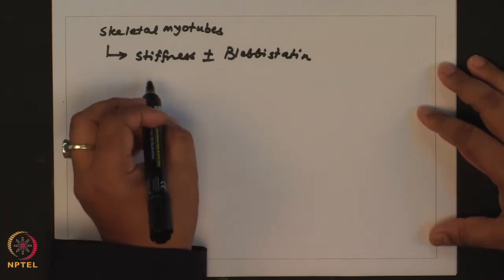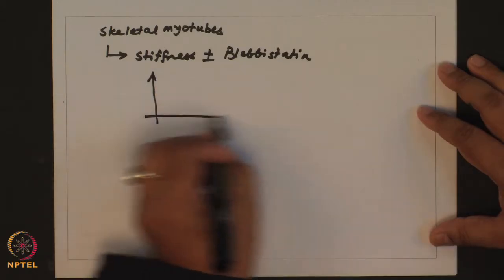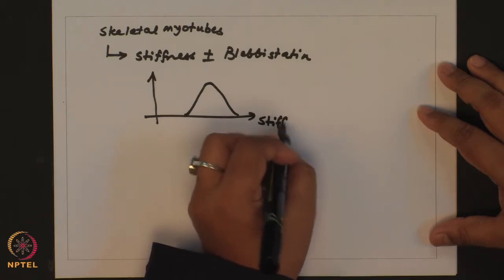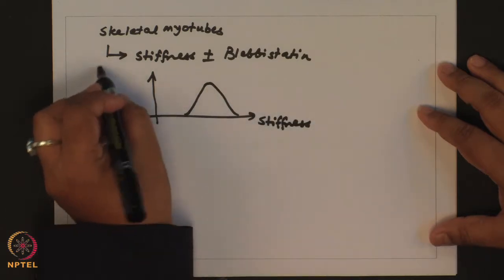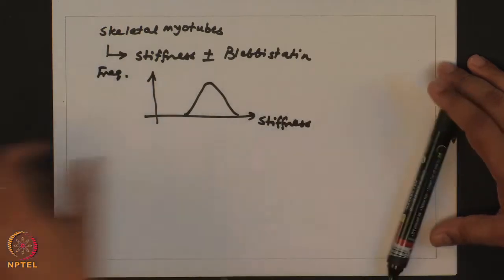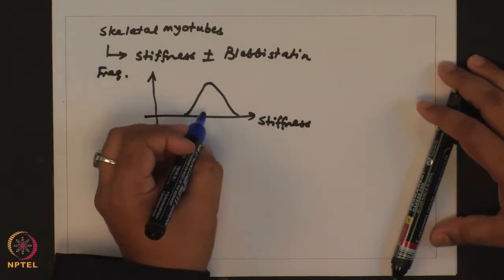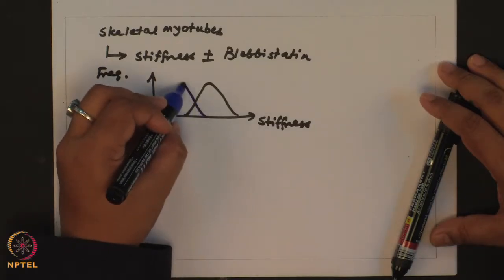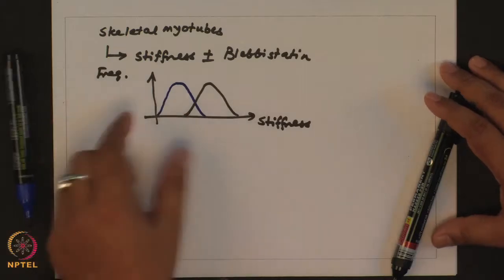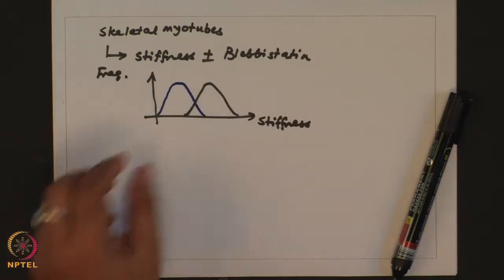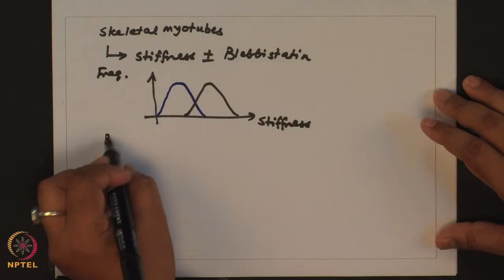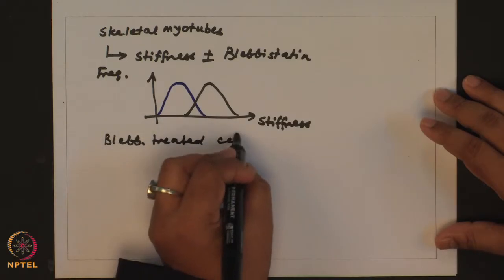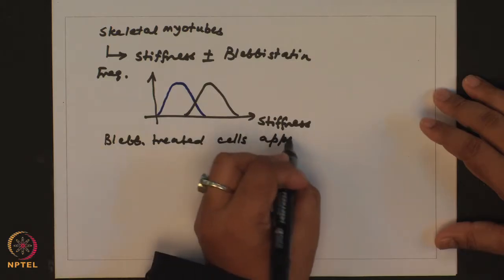What you would observe is this: this is your stiffness axis and this is your frequency axis, this is your output data. If this is how your stiffness distribution looks in control or untreated cells, in blebbistatin-treated cells the curve will shift to the left, or in other words, the cells will appear softer. So blebbistatin-treated cells appeared softer.